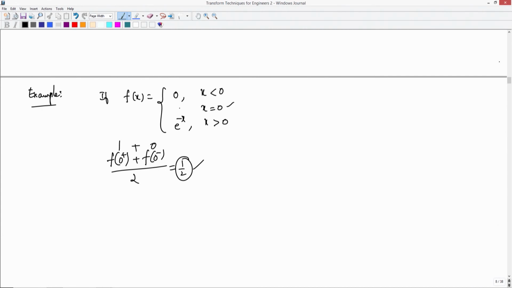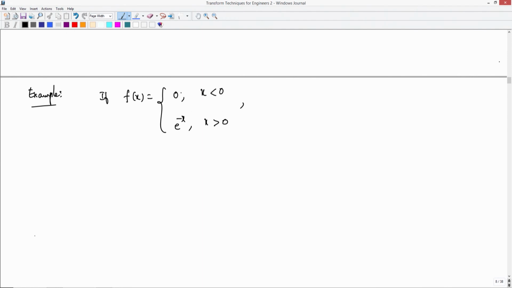So it does not matter, let us not give any value here. If it is given as half at x equal to 0, it is still a discontinuous point. The Fourier integral theorem converges to f at 0, which is the average value of this side and this side, that is half. Otherwise you need not even define it.